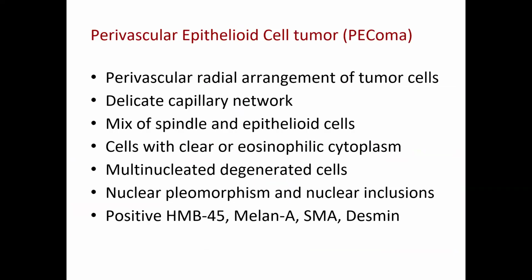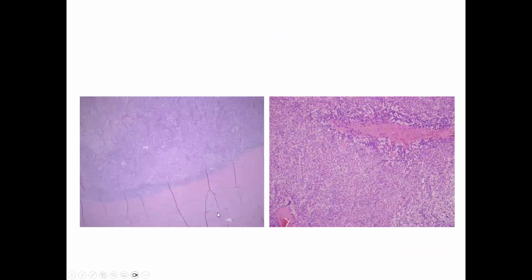Another tumor is PEComas. We started to see PEComas, and they have a delicate capillary network, mixed spindle and epithelioid cells. And you have the classic immunostaining that can help you if you get stuck. But here is a tumor that again looks like a fibroid.